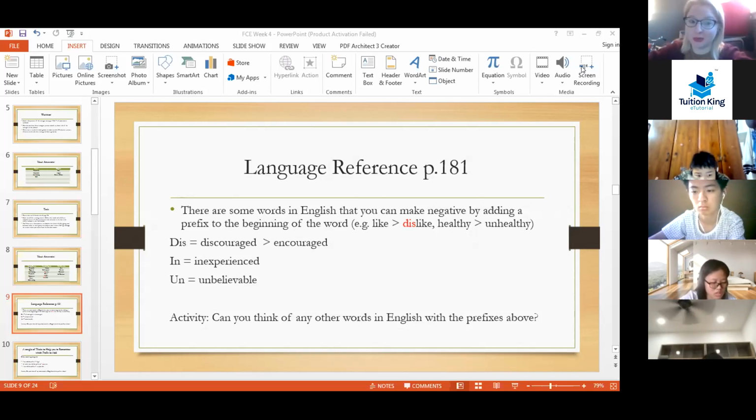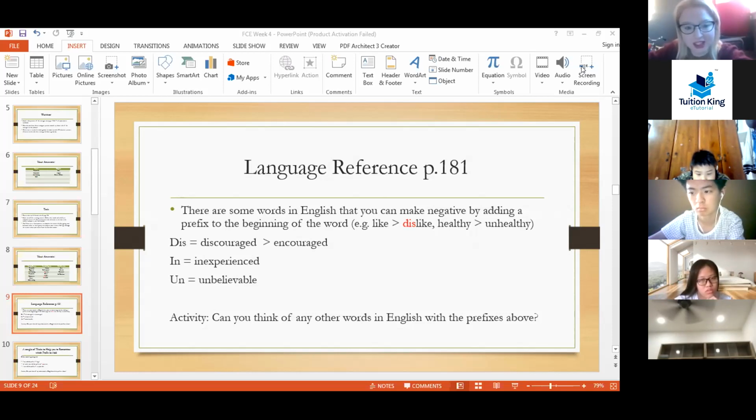Disorder, that's a good one. So we have independent, disorder. I'm quite impressed with your example of disorder, actually, because when I first saw it, I thought, oh no, that's not an example of a prefix, and I realized, oh wait, yes it is.